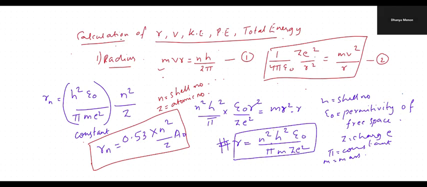Okay, so this is the radius of the nth shell. So n is the shell number and z is the atomic number. So this is the shortcut formula by which you can measure the radius. Okay, so let's do a question. You have to remember this formula.